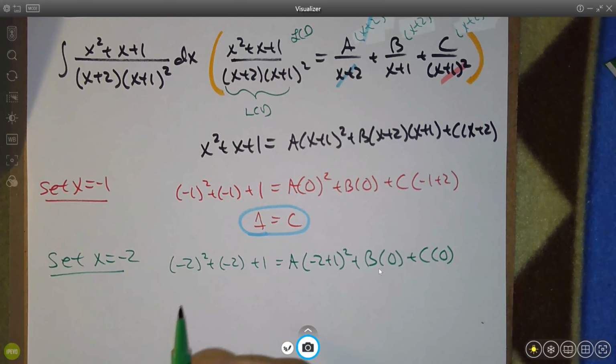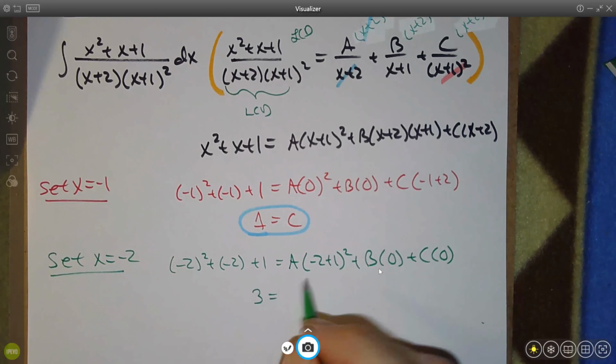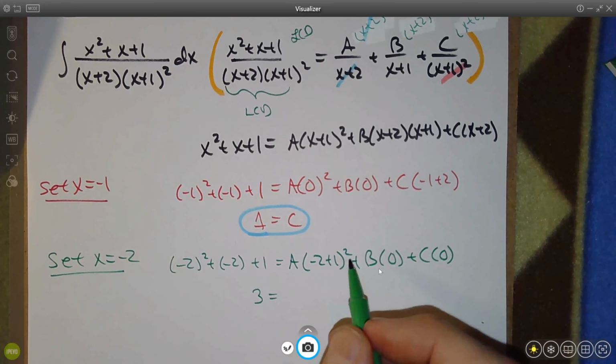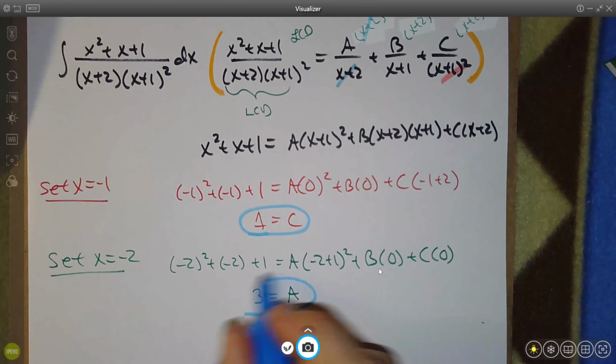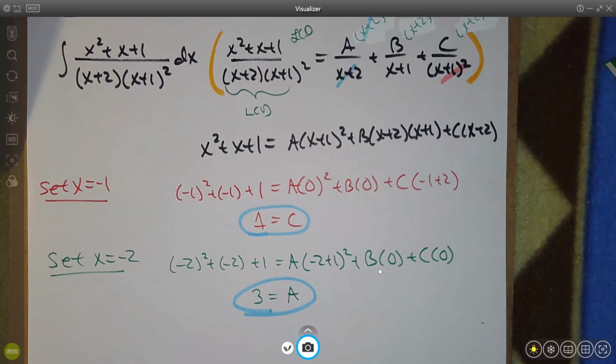Let's see what we get. On the left-hand side, that's going to be 4 minus 2 is 2, plus 1 is 3. On the right-hand side, that's going to be (-1) squared, which is 1. Hey, that's not so bad. A equals 3.